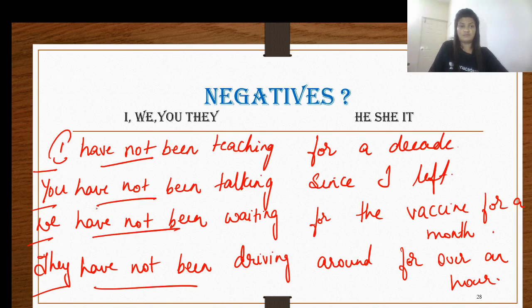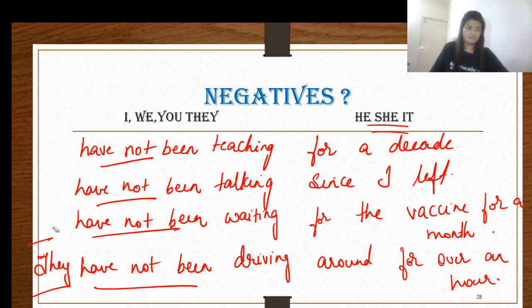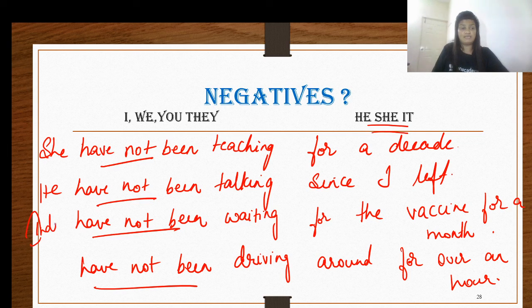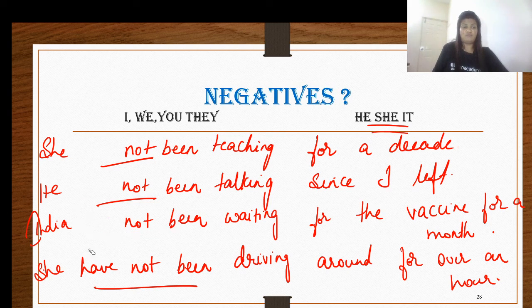And with subjects he, she, and it, we gotta change. Supposing you have she or he, or India, or let us say here she again. The verb over here changes from have to has.